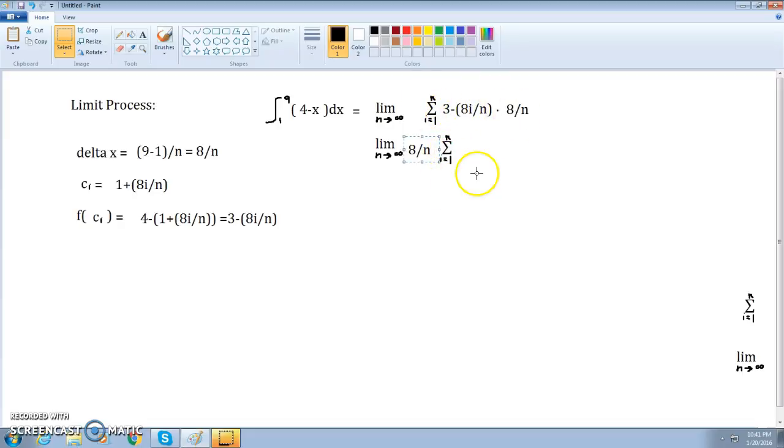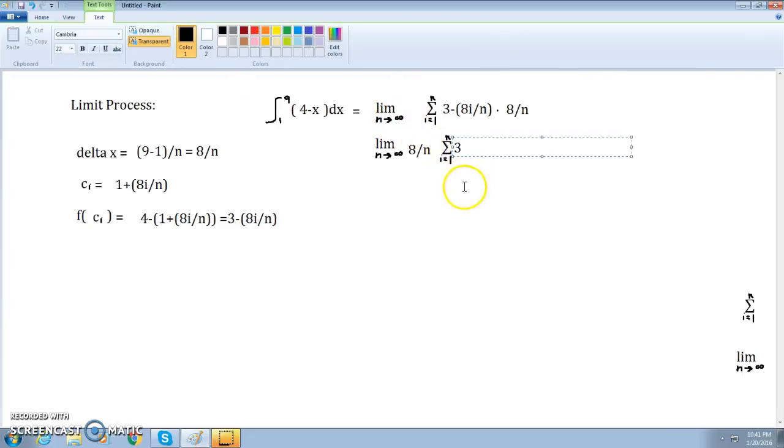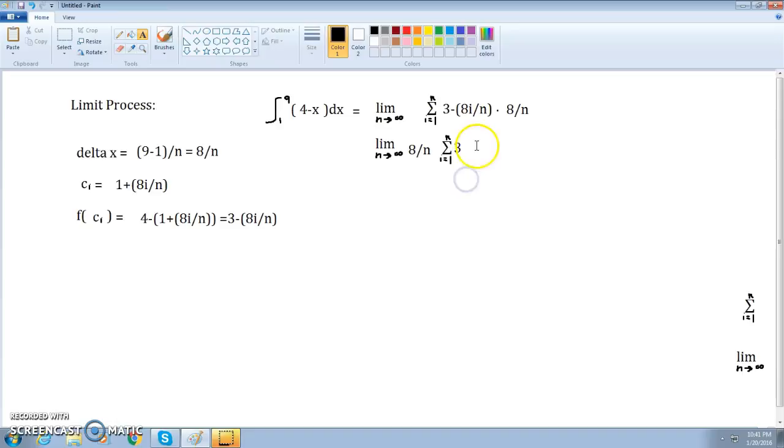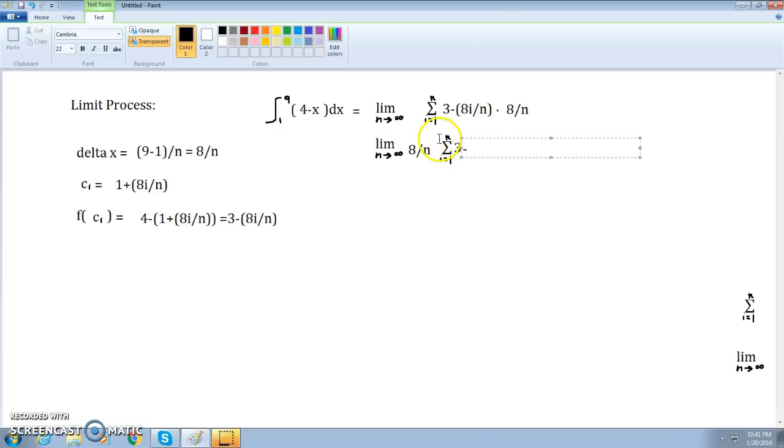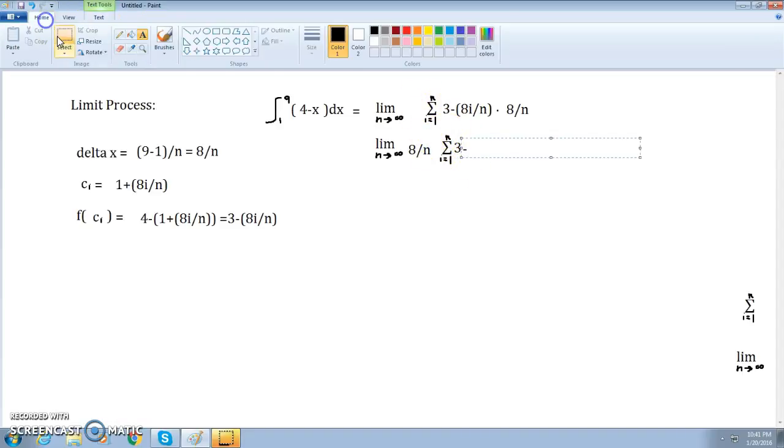So it would be the summation from i equals 1 to n of 3, minus another summation of 8i over n.